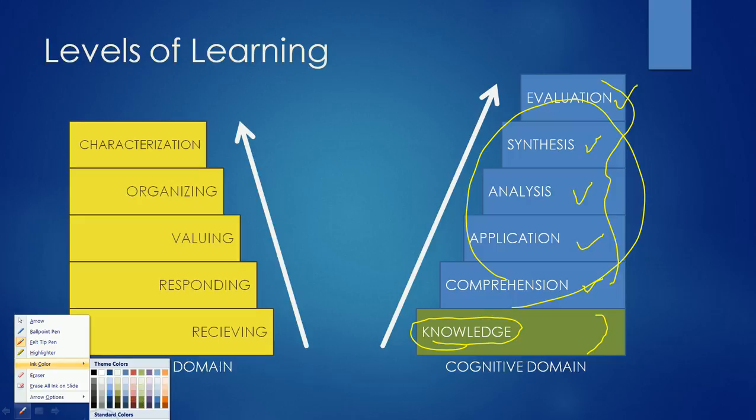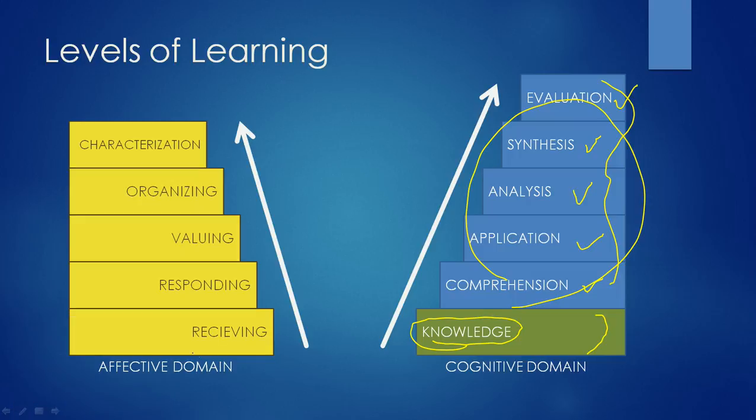So the first is receiving. Now, receiving means that you are aware of something, and that information is being brought into your level of consciousness. So receiving information of value means that you're at least aware of it. But that's it. You're aware of it. You've attuned to it, but that's it.